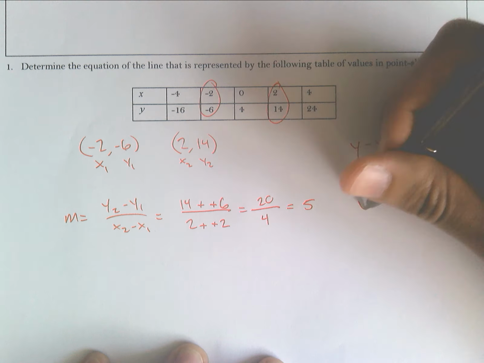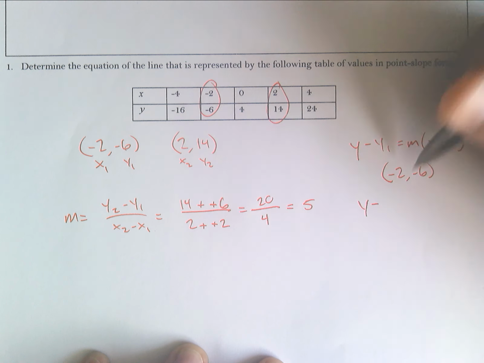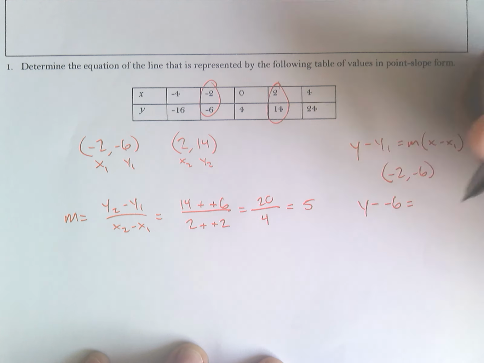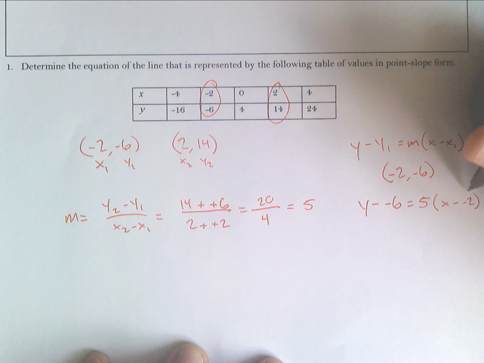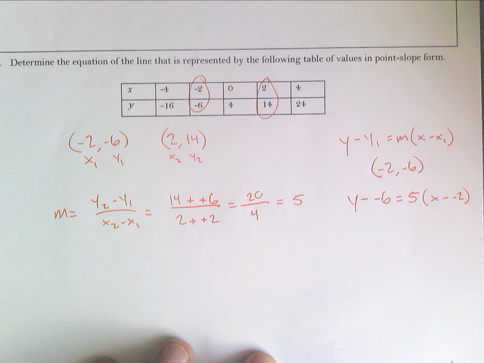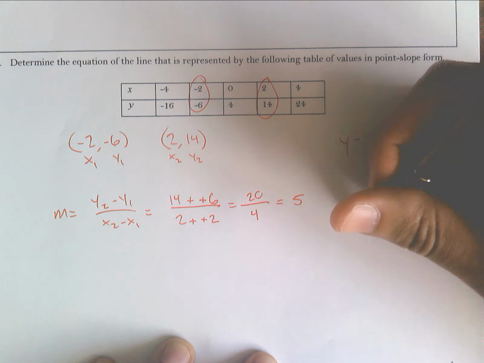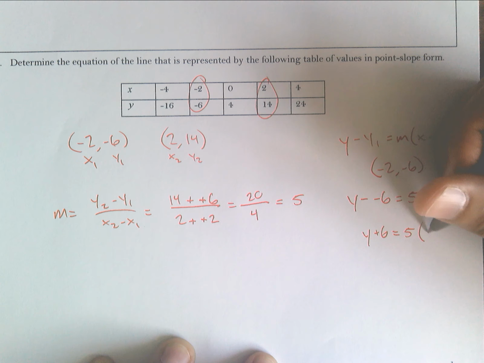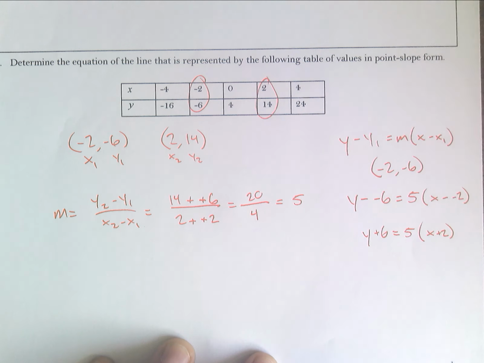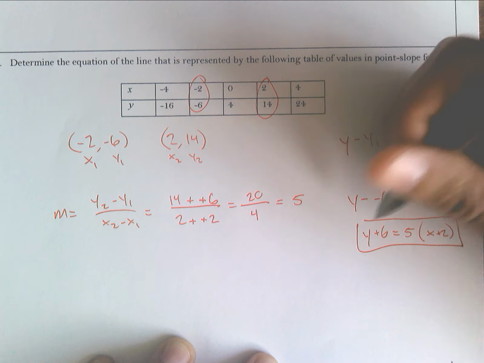So we have y minus, well, y1 is -6, equals our slope 5 times x minus x1, x1 is -2. Now this is in point slope form, but let's get rid of those double negatives. So y minus -6 is y + 6, and we have equals 5 times, well, x minus -2 is x + 2. So this is in point slope form.